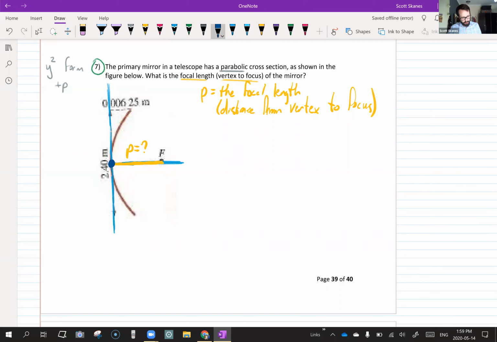If these are my y-axis and x-axis, what's my vertex? Well, it's at the center, so it's at 0, 0. Thanks, Abdulkader. So the vertex is going to be at 0, 0. So h and k are both going to be ignored. We won't even write them later, okay?